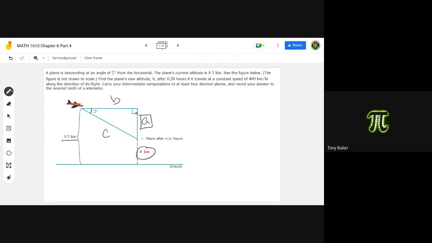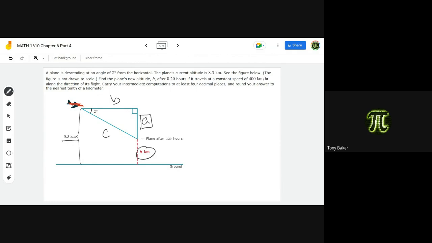So this is the one that I need, because if I take that away from the 8.3, I'm going to get what's left. So in the triangle, I need A. To do this, I need two parts to my triangle. I need an angle, and I need at least a side. Okay, so I have the angle. The angle's 2 degrees, but I don't have a side.